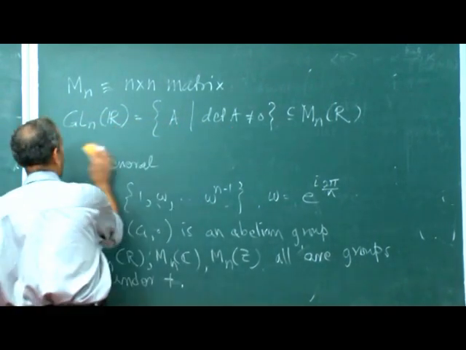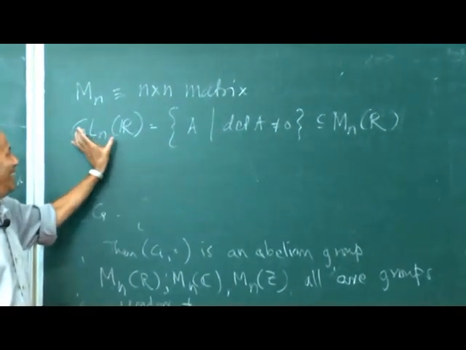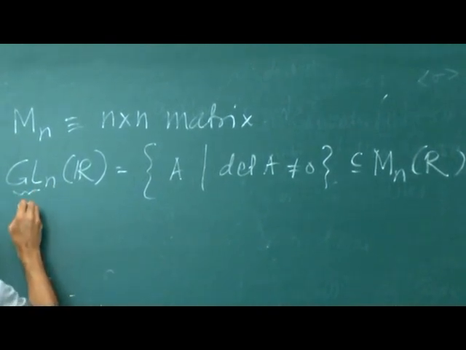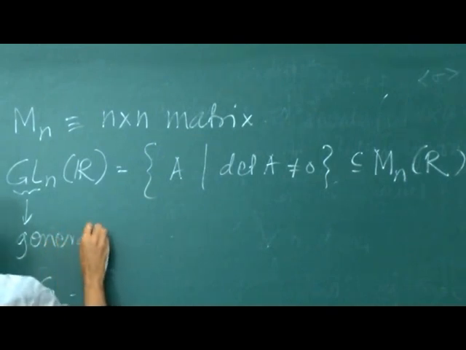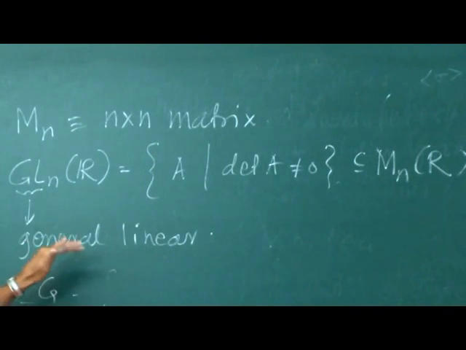So consider n by n matrices with non-zero determinant. This forms a group, and our notation is GLn(R). GL stands for general linear group. Why general?